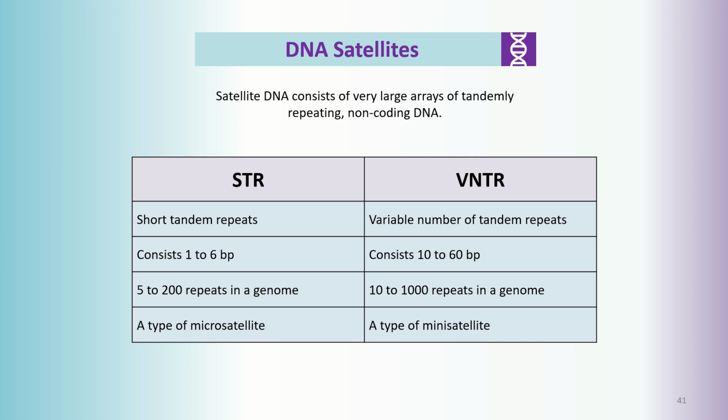How are they different? They differ in terms of the size of the repeat in base pairs, in which VNTR is larger compared to STR. That's why STR is classified as a microsatellite and VNTR as a minisatellite.